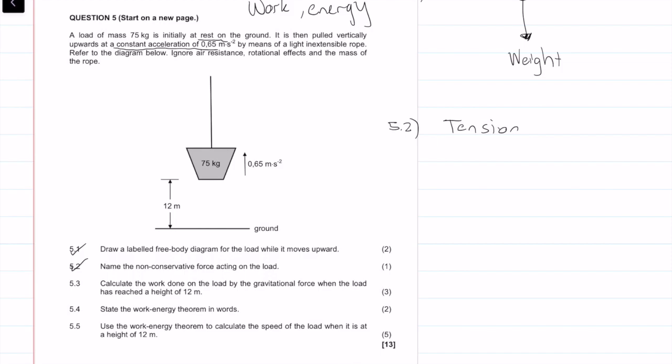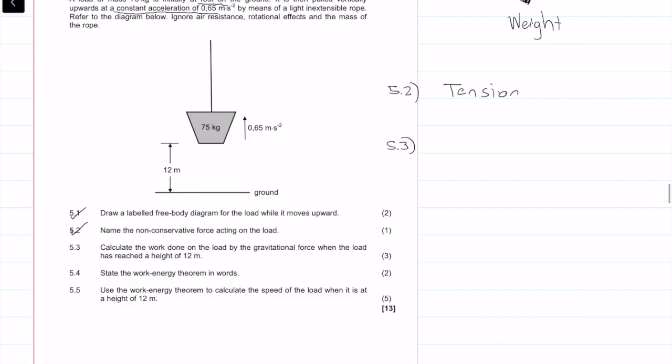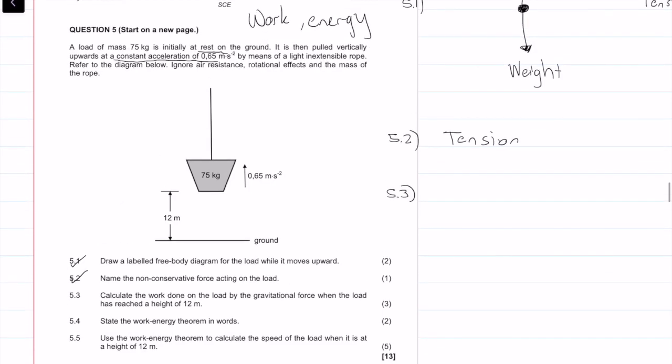Calculate the work done on the load by the gravitational force when the load has reached 12 meters. So we want the work done by the gravitational force. Work is equal to our force times our displacement, right? So our force due to gravity is mg times our displacement.